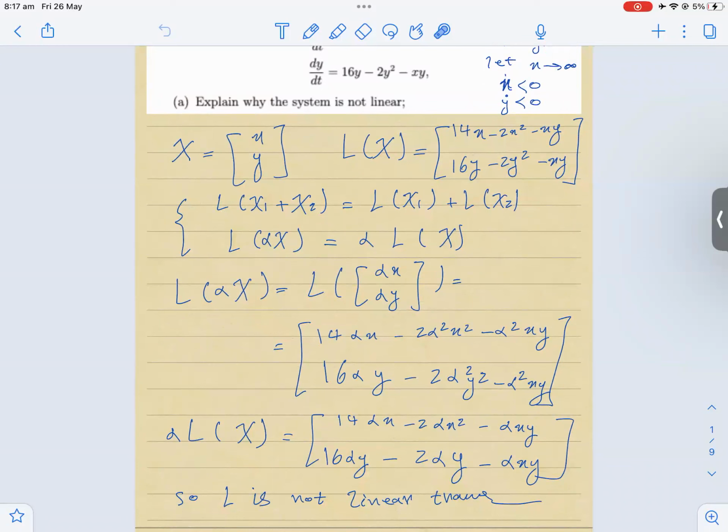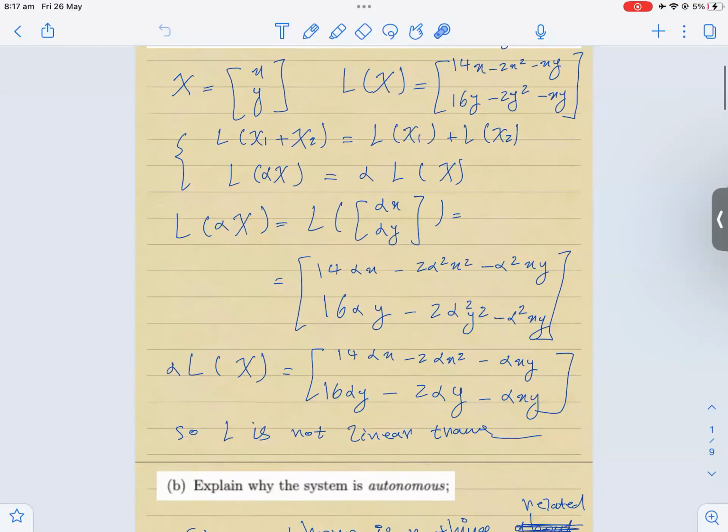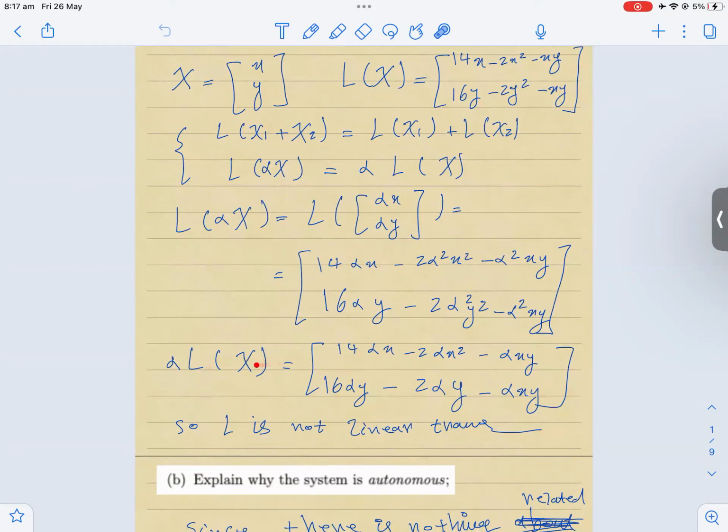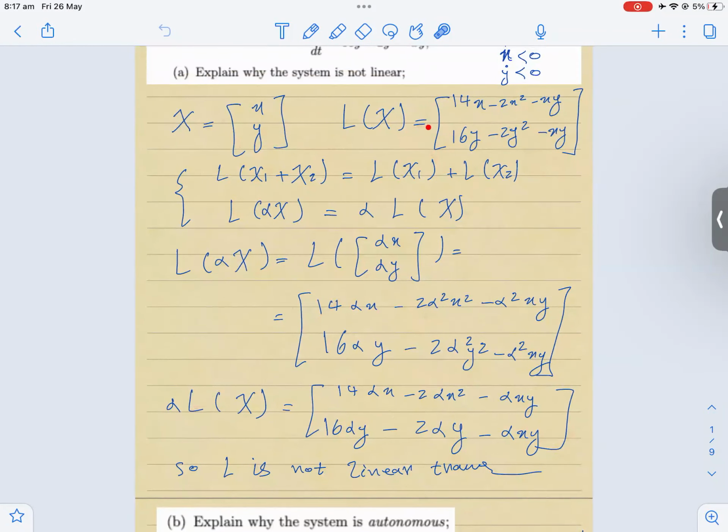Sticking to the principles, we get this matrix, which won't be equal to alpha times Lx. Alpha times the matrix means alpha times each element of the matrix. So you see that in L of alpha x I've got this alpha squared, and here I don't have alpha.